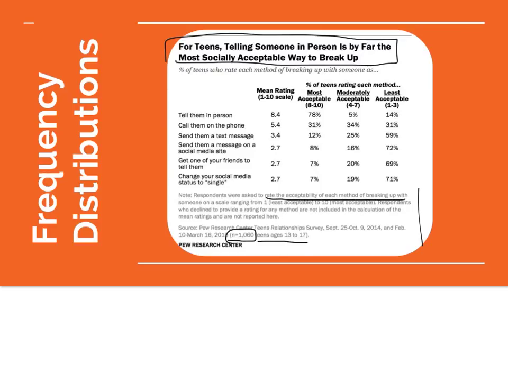So how acceptable is it to break up with somebody else on a scale ranging from 1, which is least acceptable, where anybody who rated any of these ways to break up with somebody else as not acceptable at all, to 10, which is the best way.